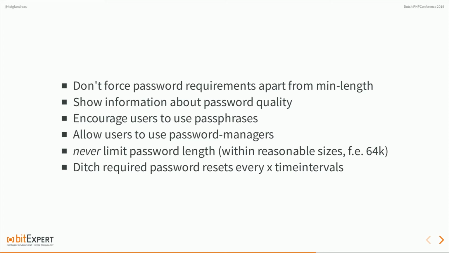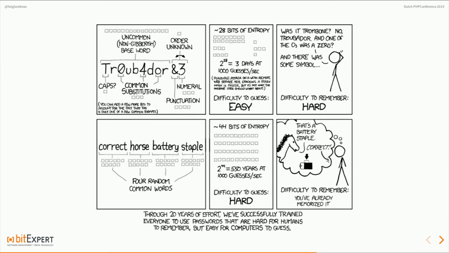So if you skip that, but allow passphrases, passwords that people can remember much more easily, that's much easier and much more secure. Because this is the difference between a password and a passphrase. The upper one might look rather complex. It's very complicated to remember. But it's very easy to guess, actually, because it's just 8 characters long. The lower one, correct horse battery staple, it's a passphrase.